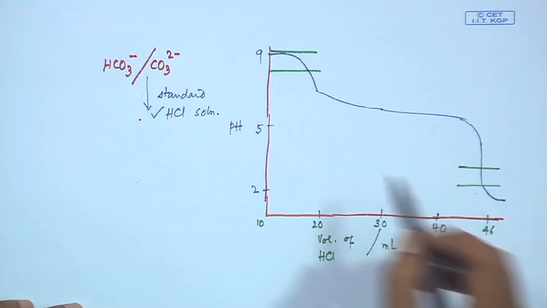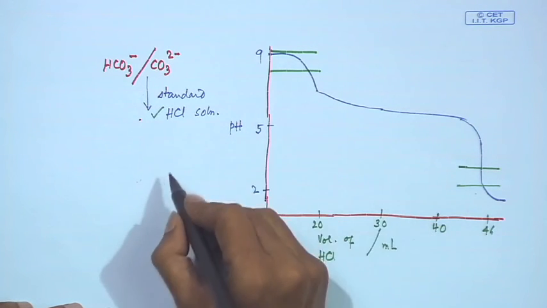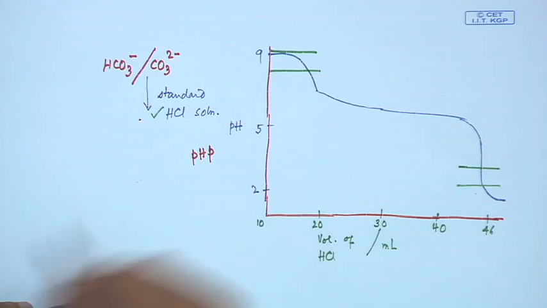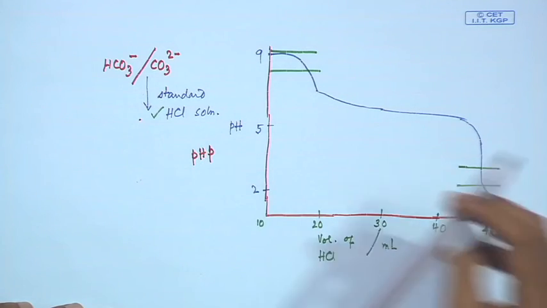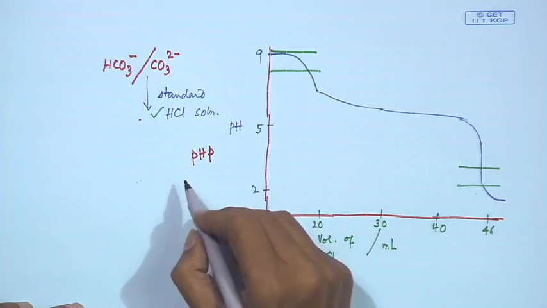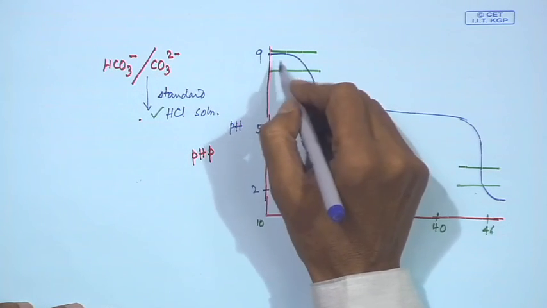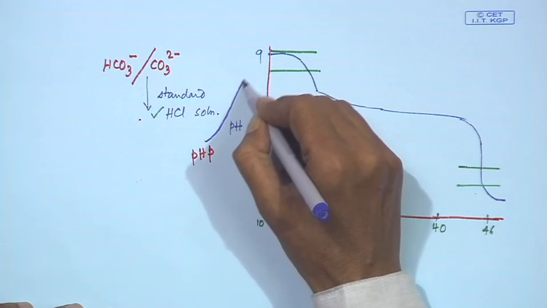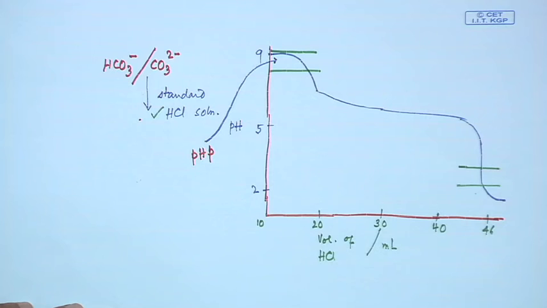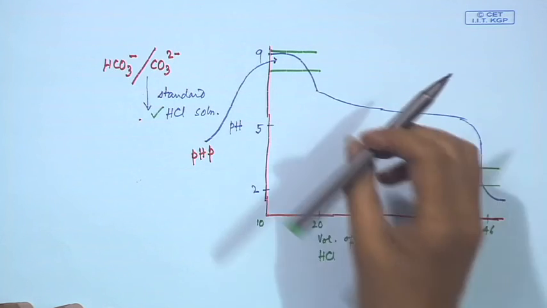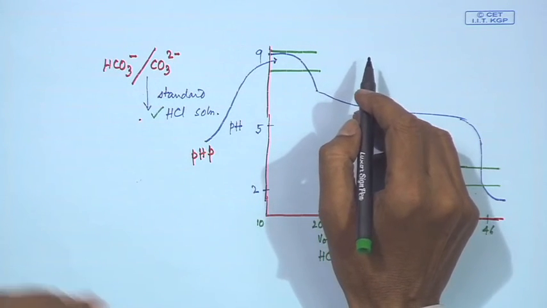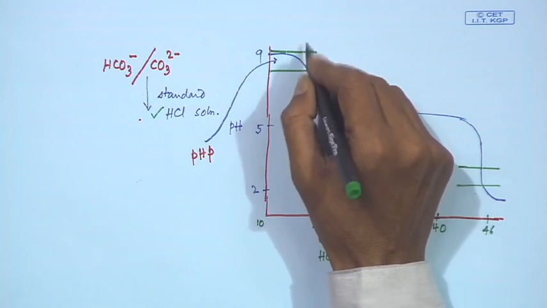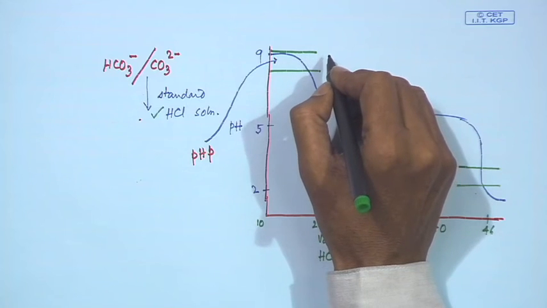So, for all these cases what we can use is phenolphthalein. If we use phenolphthalein first, what will happen? Phenolphthalein, we all know, has a color change range close to 8, that is 7 to 8. So, this is the range for using pH P, which is phenolphthalein, and it can give rise to a corresponding change, but the jump in pH is very small.